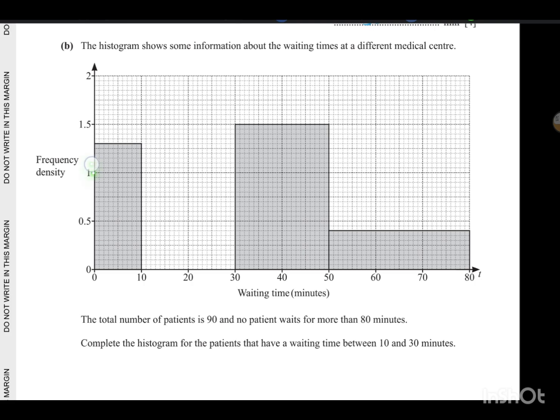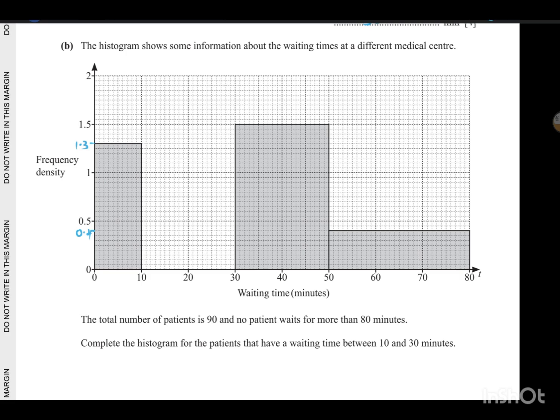So after 1.1, after two boxes, 1.2 and 1.3. So this is 1.3 and this is 1.5, and this is 0.1, 0.2, 0.3, this is 0.4.